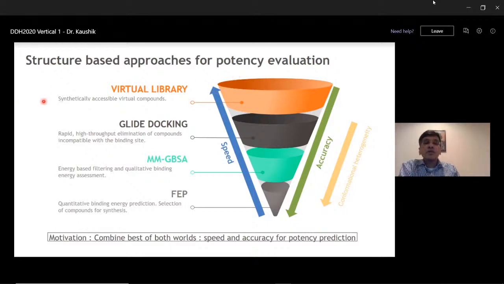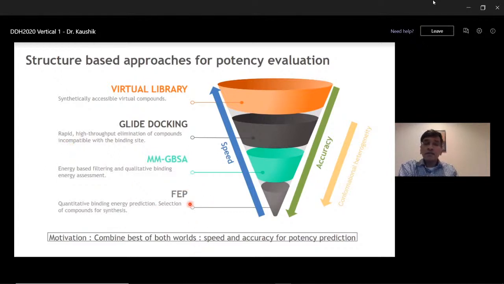So for instance, when you look at methods like docking, they're fairly quick at estimating a given binding pose, but the scores that are associated with docking oftentimes have very poor or modest correlations with binding affinity.